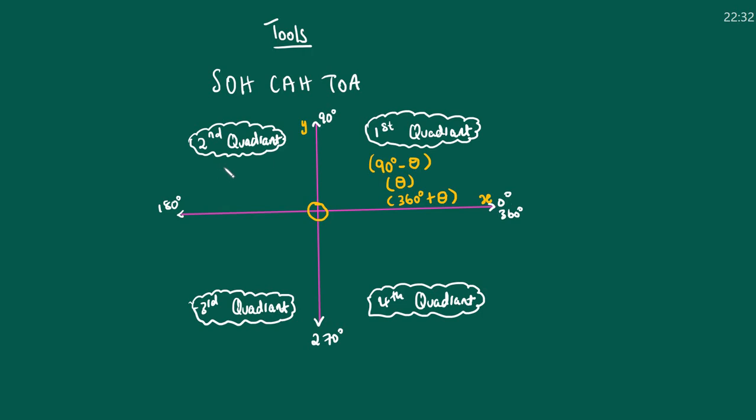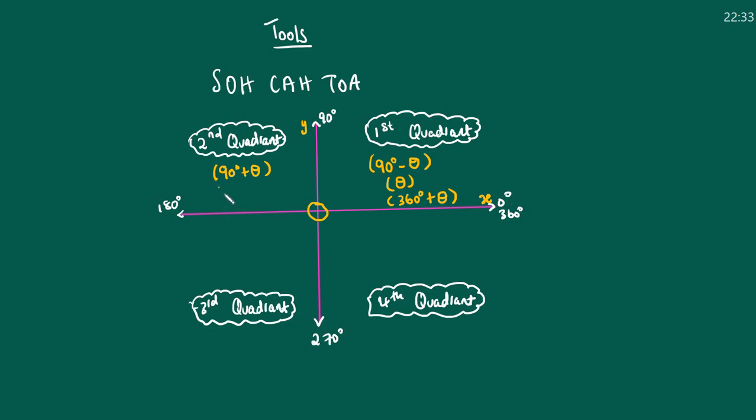And then in this one, this is where we find 90 degrees plus theta, because it's 90 plus a certain angle. In this quadrant, if I were to draw an arm, that arm here would have an angle that is 90 degrees plus a certain angle. So that is why this is the quadrant for 90 plus theta.